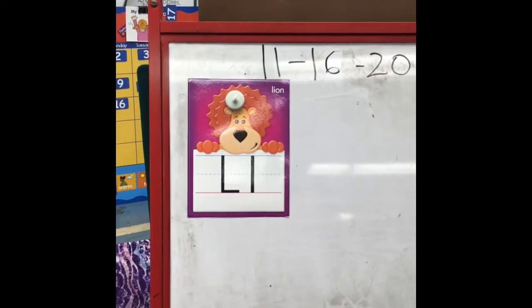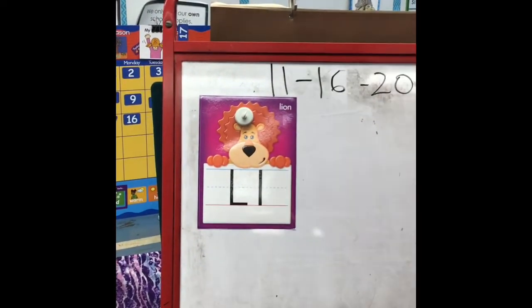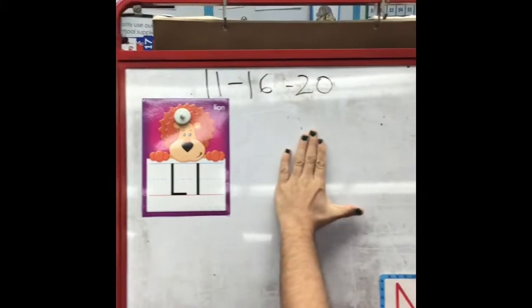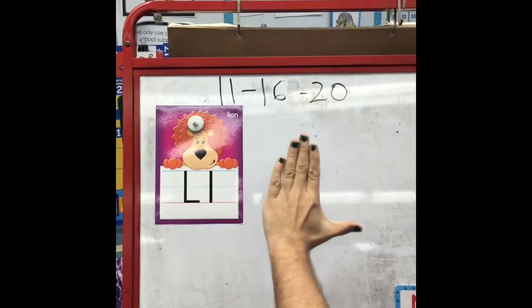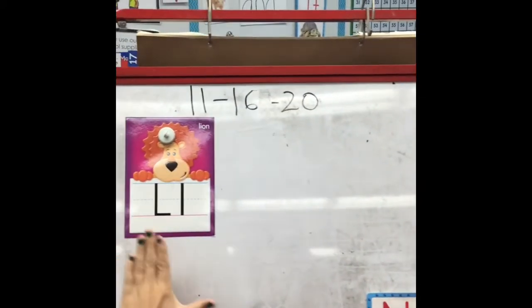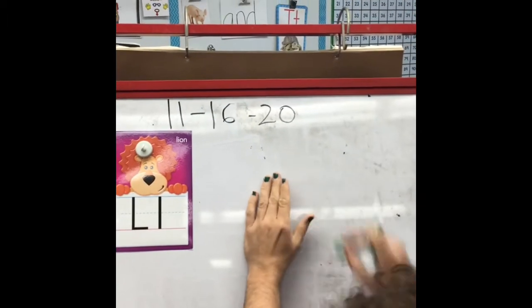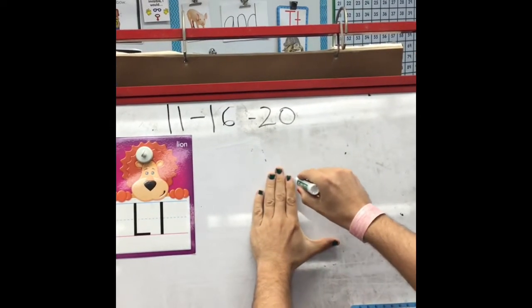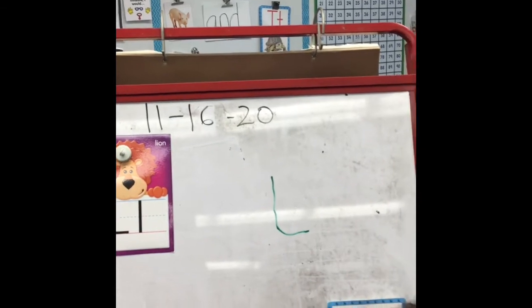The letter L, left starts with L, and it just so happens that when you put your left hand on a board or out in front of you like this, it looks like that letter. So if I put my left hand up on a board or out in the air in front of me and I'm looking at it, I can use it to draw the letter L.